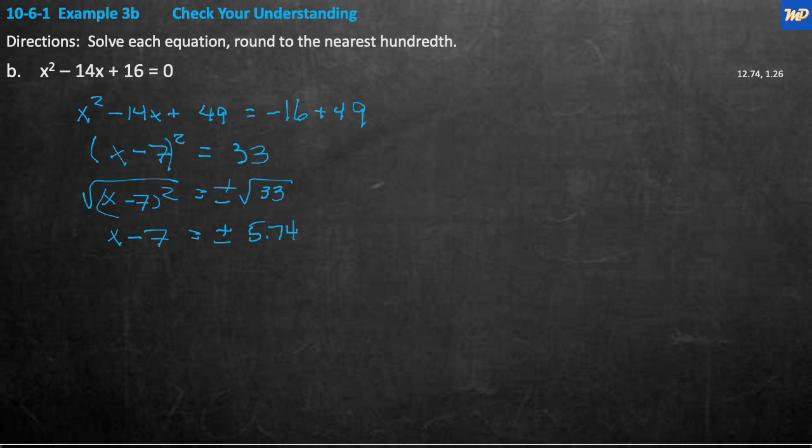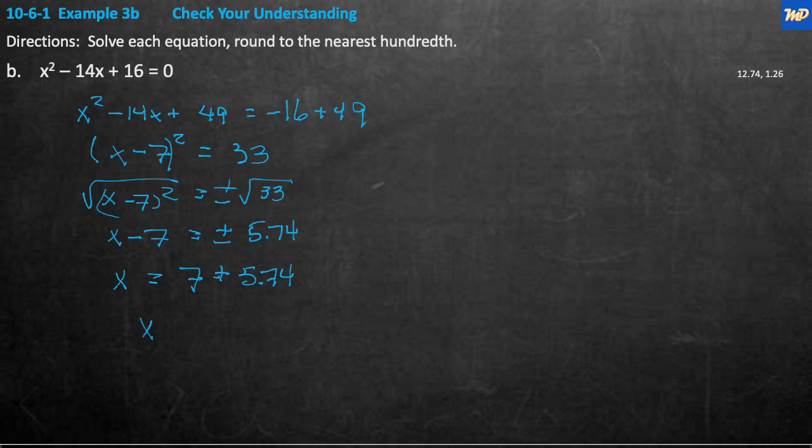Okay, so now we're going to solve for x. X is equal to 7, we added 7 to both sides, so we got rid of the negative 7 on the left and put a positive 7 on the right, plus and minus 5.74.